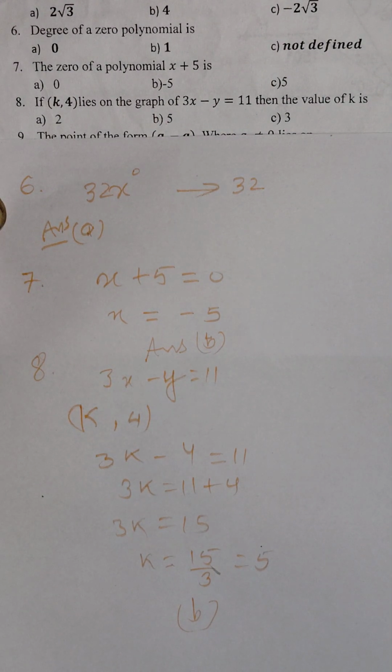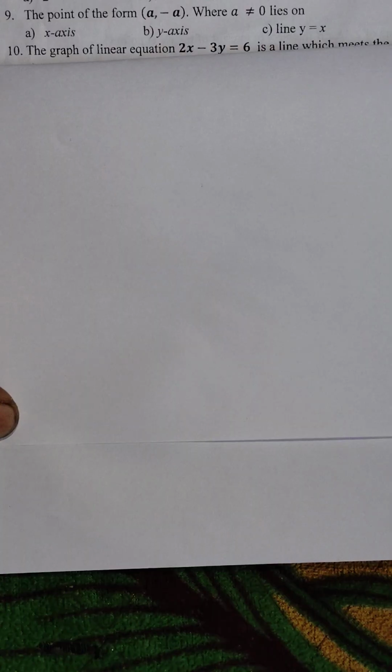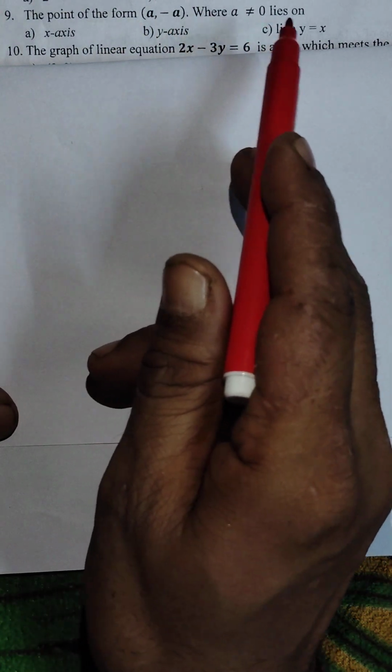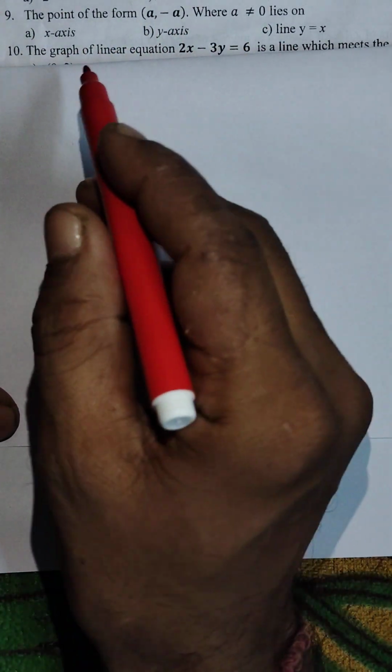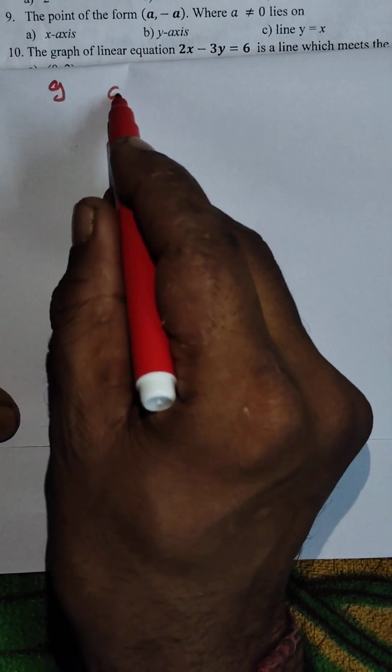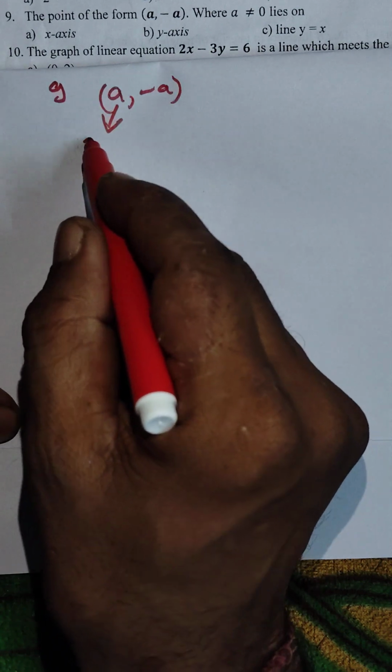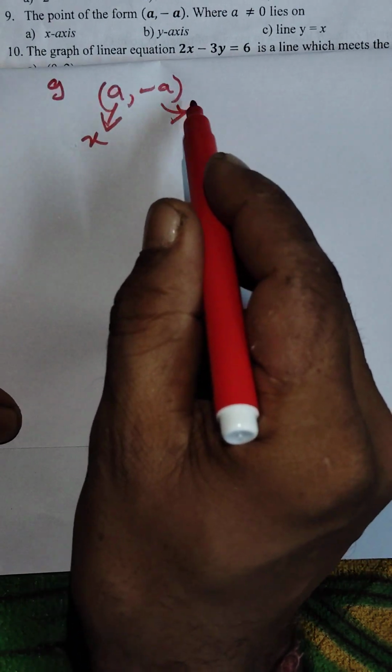Next, question number 9. In question 9, the question is: the point of the form a comma minus a, where a is not equal to 0, lies on. Since the point a comma minus a is given, the first value is called the x value and the second value is called the y value.